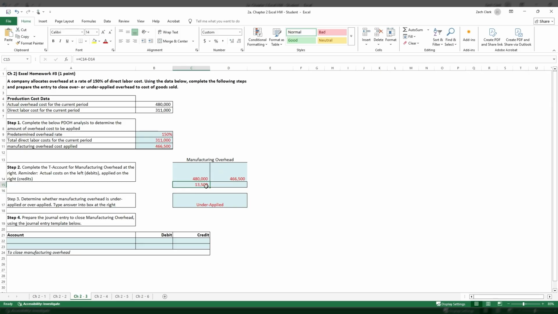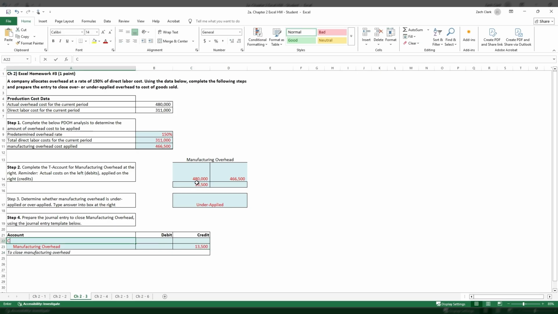We always want to close this out, or bring the balance to zero. If it currently has a debit balance of $13,500, then we're going to credit that account. So I'll put the credit in first, because we want to offset this and zero it. So $13,500, I'll just link to it.